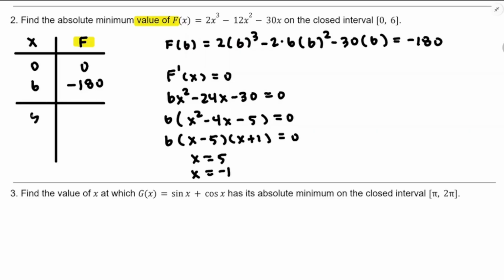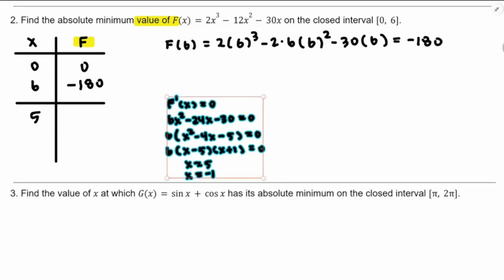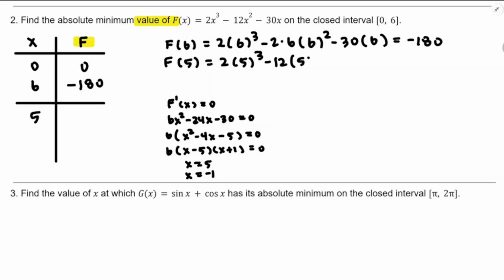Okay, so I'll go over here, and I have the luxury, I can make that a little smaller. And I can say, all right, I can test out f of 5, which will be 2 times 5 to the third minus 12 times 5 squared minus 30 times 5.